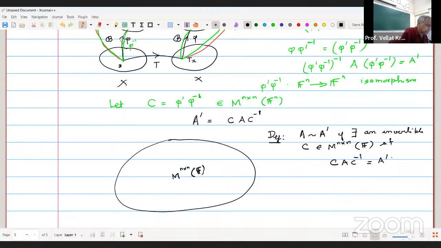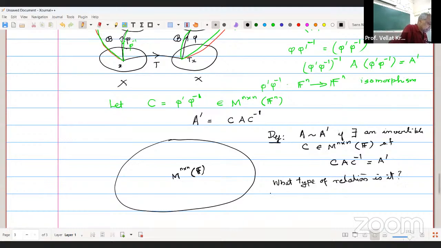Now, what type of relation is it? Let us explore this. You are already familiar with what are called equivalence relations.